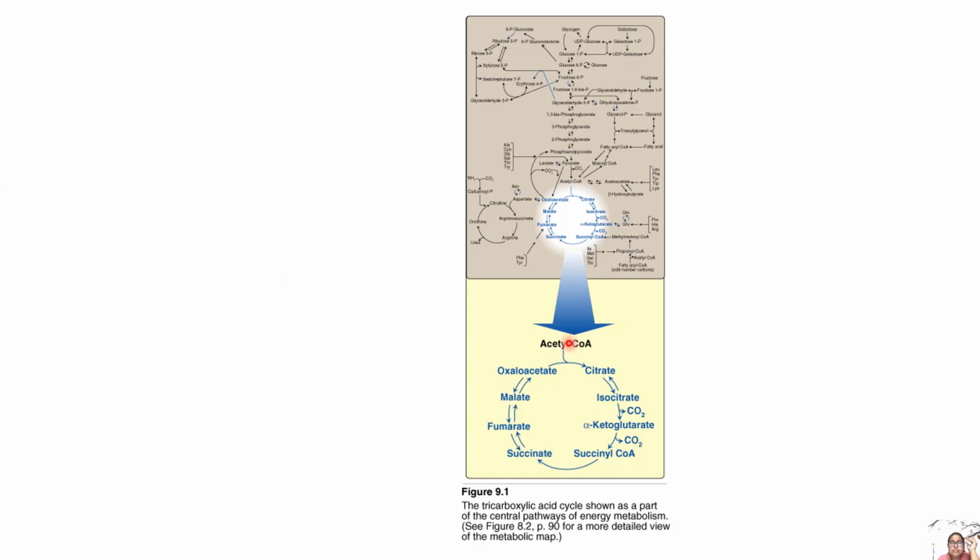So if you see, this is the TCA cycle shown as a part of the central pathways of energy metabolism. It looks so small, but still it's so complex. You can imagine how complex the entire scenario is.